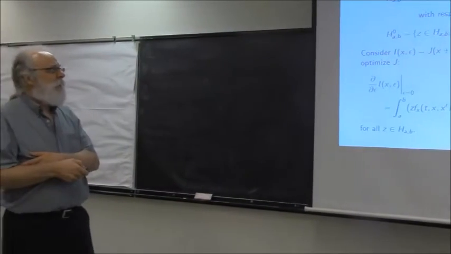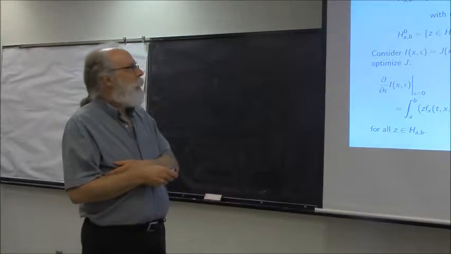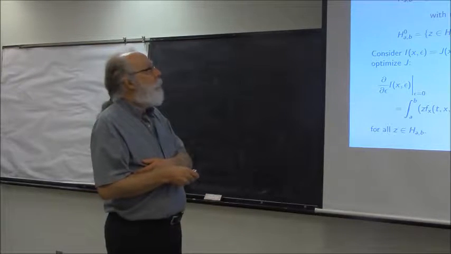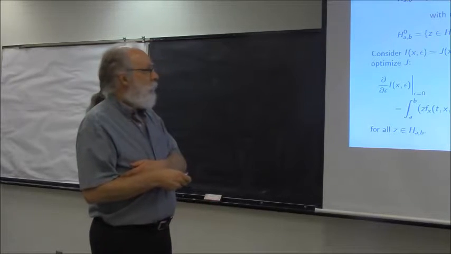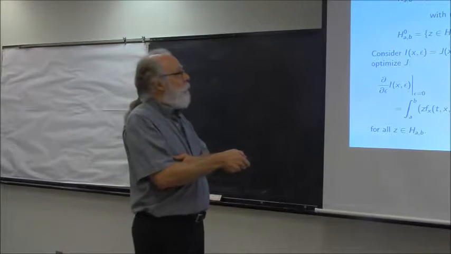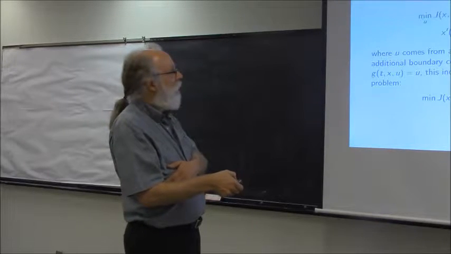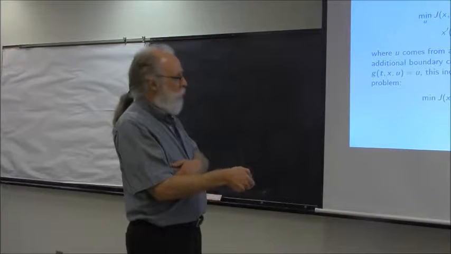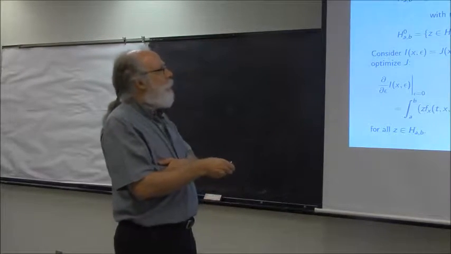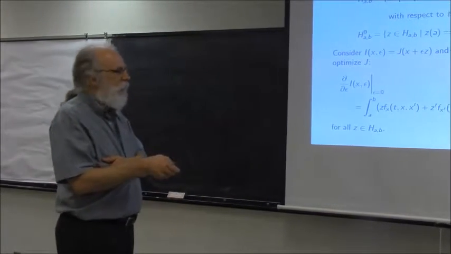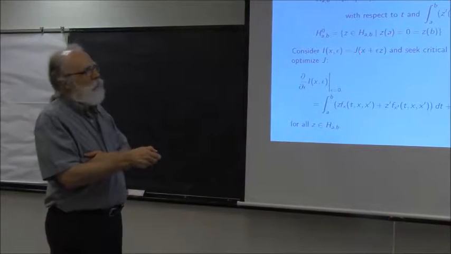And the basic idea is that we can consider changing the functional by taking this function for the calculus of variations, J of x. Ultimately, what we'd like to do is to modify that a little bit, and add a little bit of another function to it.